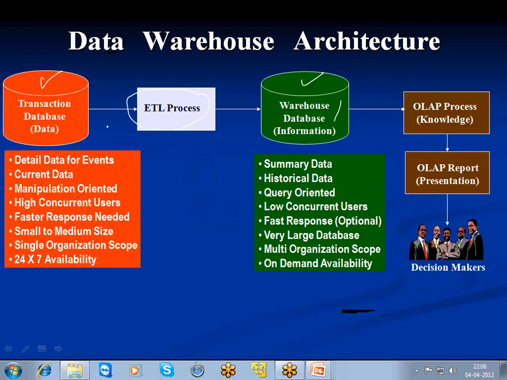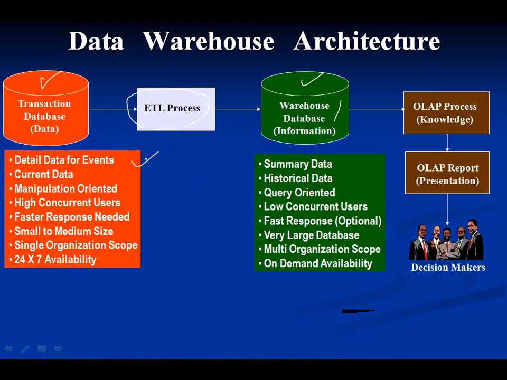So yesterday towards the end of the class, we started this discussion: the transaction database versus the warehouse database. Normally in a transaction database, we find detailed data regarding day-to-day business events or transactions. Here you have current data, not history.